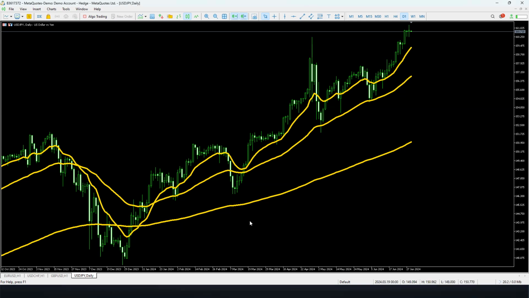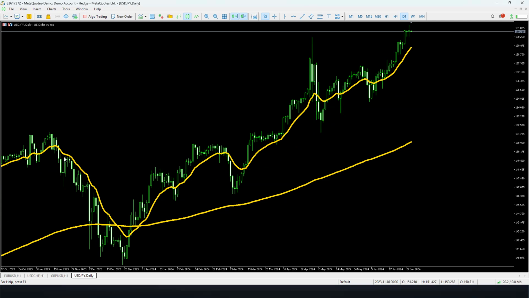I can decide to say, okay, I just want to use only two moving averages. Take out this 50. It doesn't matter whether I use 50 or 14, but let me just take out one. Now, one of the moving averages is the one acting as a counter trend for you.